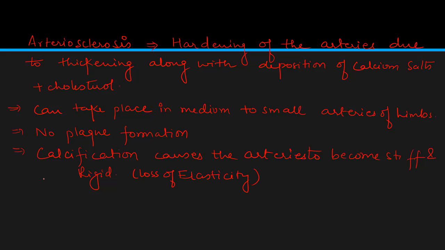Because of calcification, the arteries become stiff and rigid and their elasticity is lost. The artery loses its capacity for distension and may rupture.